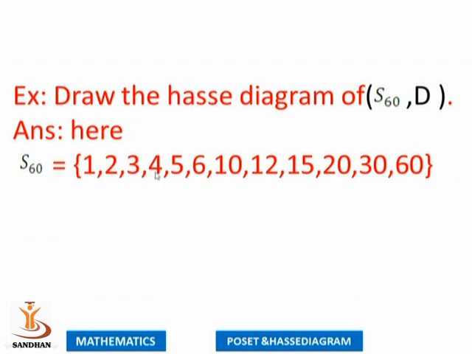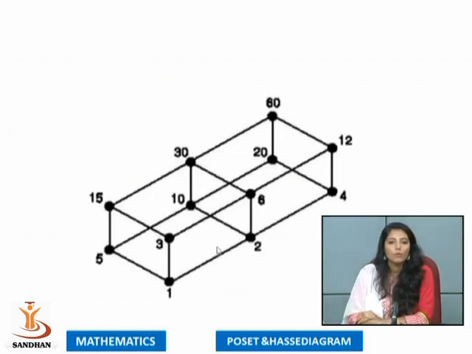Then 2 and 3 are related to 6. So here 2 and 3 are related to 6 here. Then 5 and 2 are related to 10 here. And 5 and 3 are related to 15 here. The next stage is 6, 10 and 15. These 3 are at the same height.